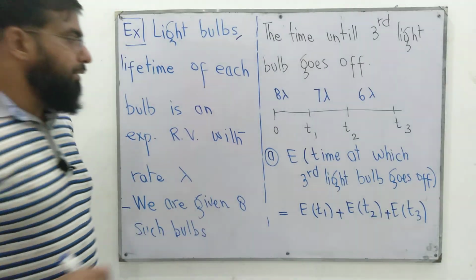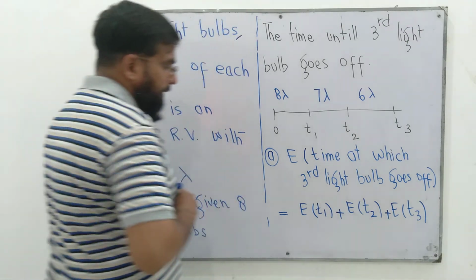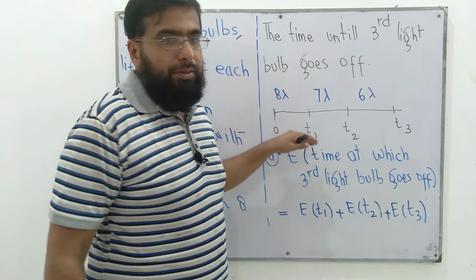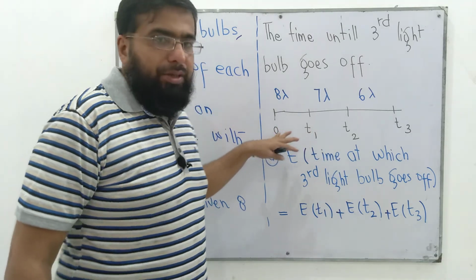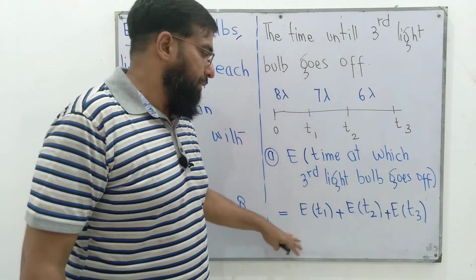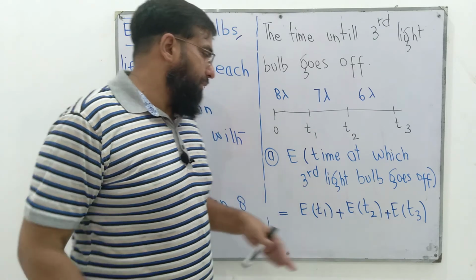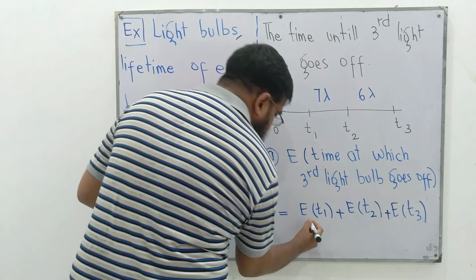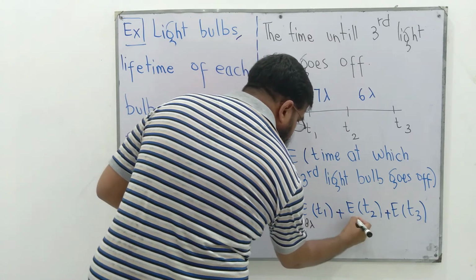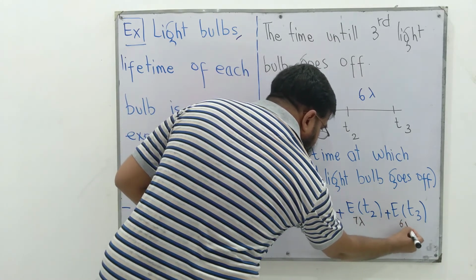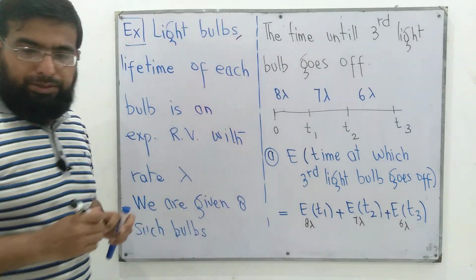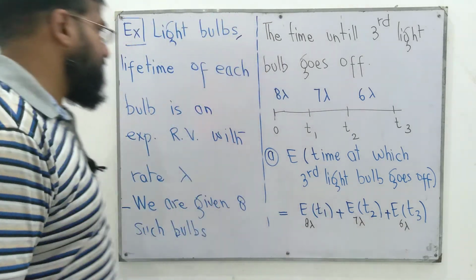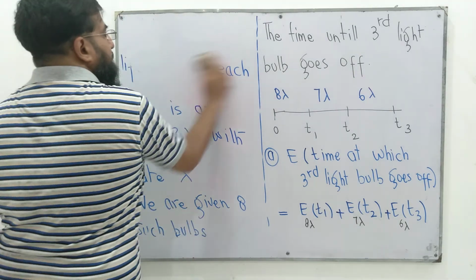So if we add the expected values, since these are inter-arrival times, we model each using the geometric distribution. For time 1, the parameter is 8 lambda, for the second it is 7 lambda, and for the third it is 6 lambda.